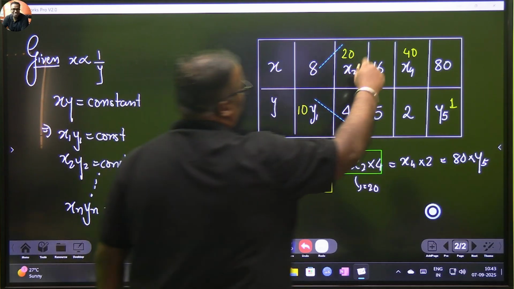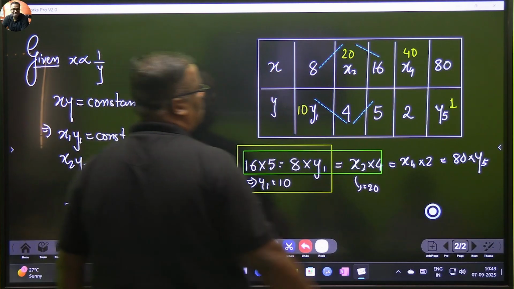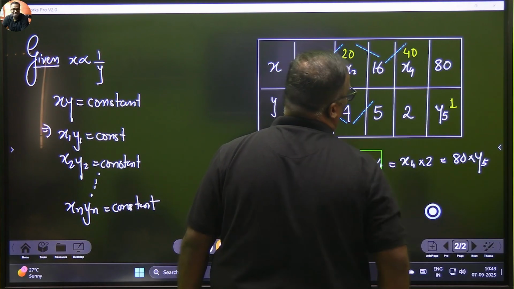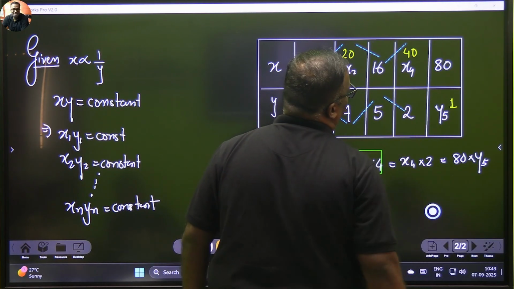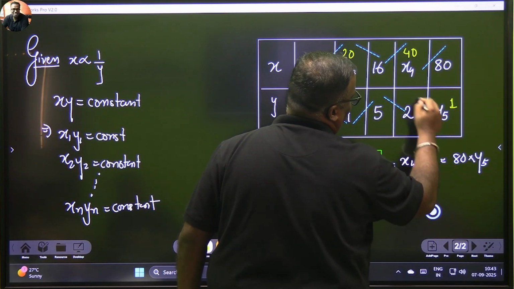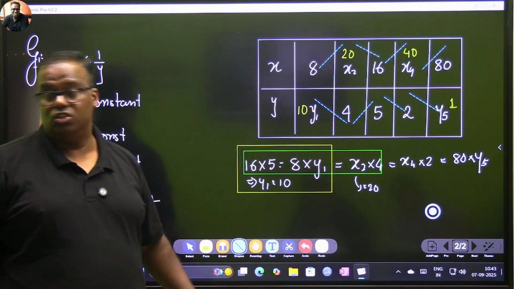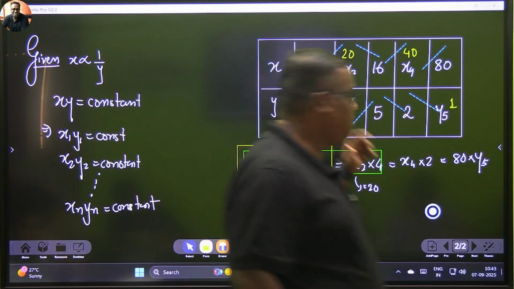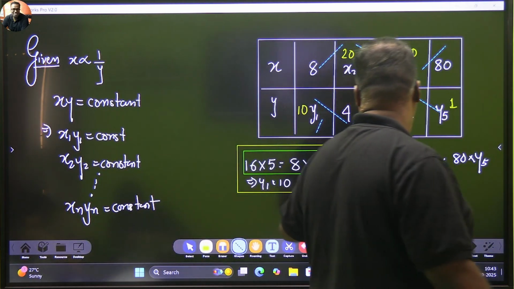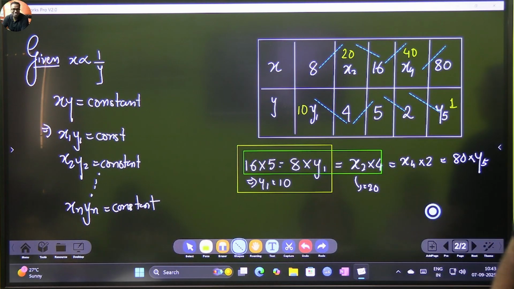Then 20 to 16 is a dip, whereas 4 to 5 is a climb. Then 16 to 40 is a climb, 5 to 2 is a dip. And then 40 to 80 is also a climb, then 2 to 1 is also a dip. This is inverse variation. Whenever you're doing such block type problems, always check whether you have seen this pattern or not. Then you yourself know that your answer is correct.